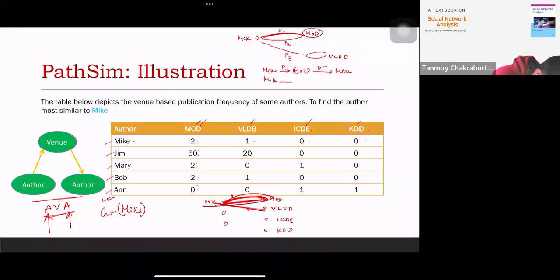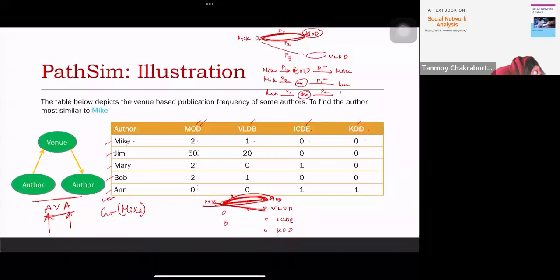One is Mike, paper P1, sorry, paper P2, mod, P2 inverse, Mike. Go through this, come back through this, right? You have Mike, paper P1, mod, going through this, or coming through P2, right?